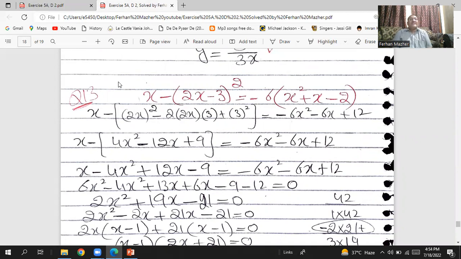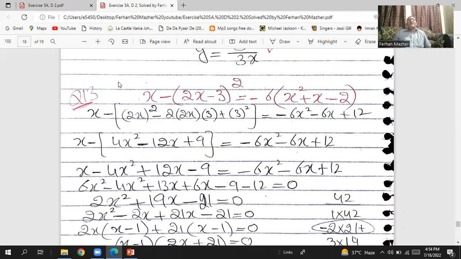So x minus square bracket, you will have 4x² minus 12x plus 9 square bracket close equals -6x² minus 6x plus 12. Now I will remove that square bracket because there's a negative sign outside the square bracket, so the signs will change. So you will have x minus 4x² plus 12x minus 9 equals -6x² minus 6x plus 12.